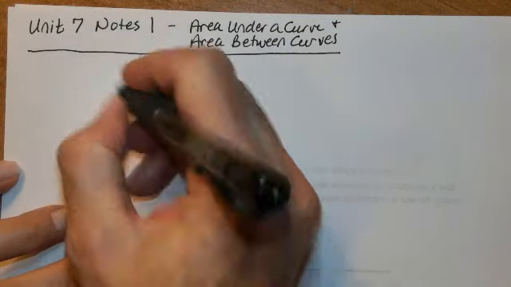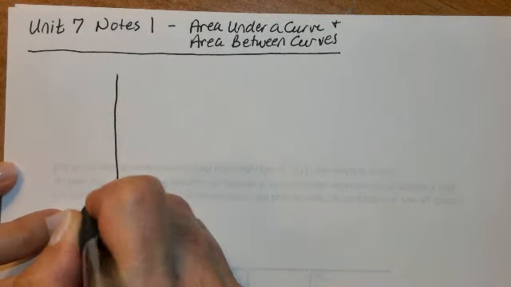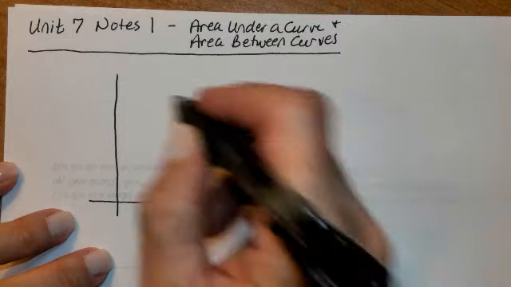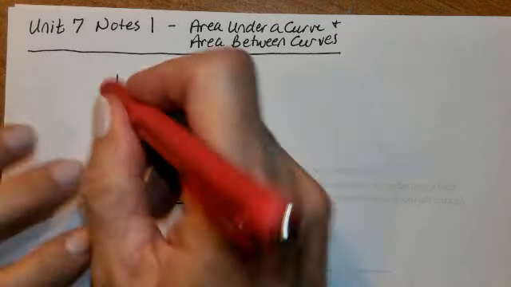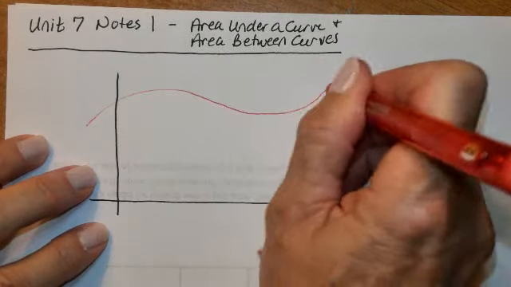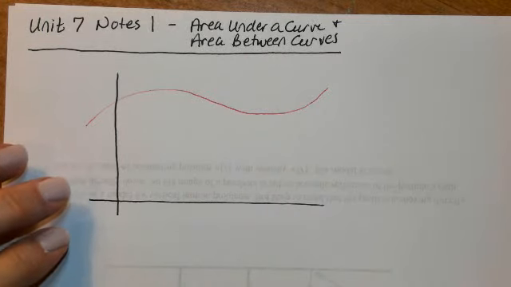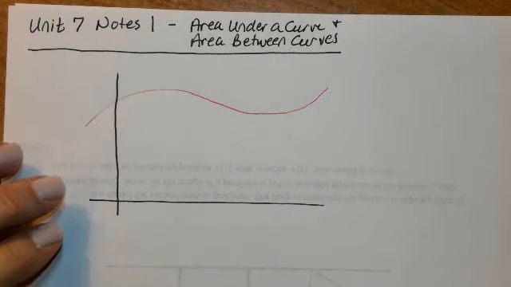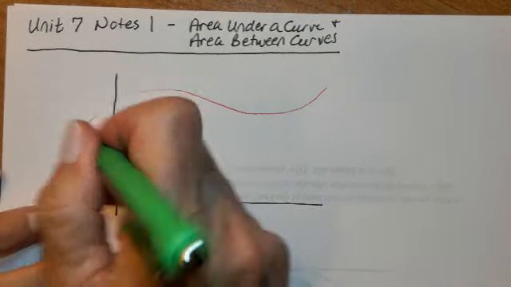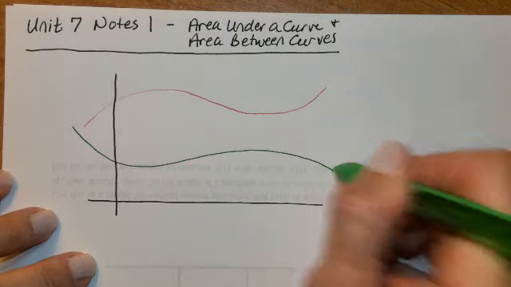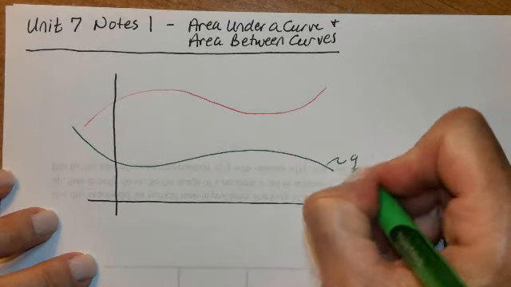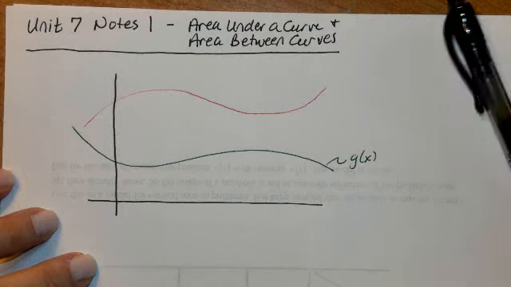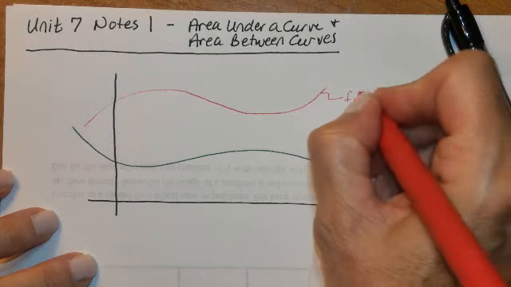All right, first of all, let's take a look at, I'm going to just make a little graph here. So I'm going to draw, let's draw f of x. I'm going to put f of x up there, and let's put g of x down here somewhere. Okay, so I'm going to call this g of x and this f of x.